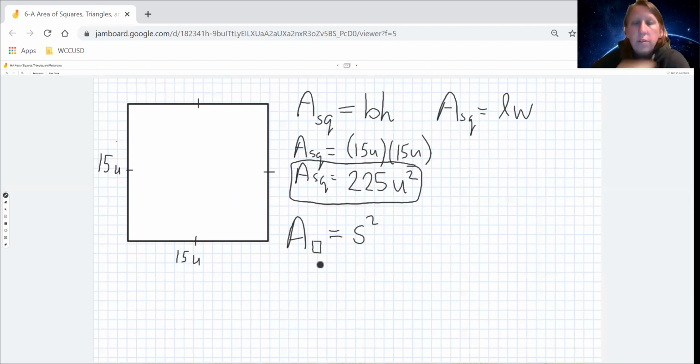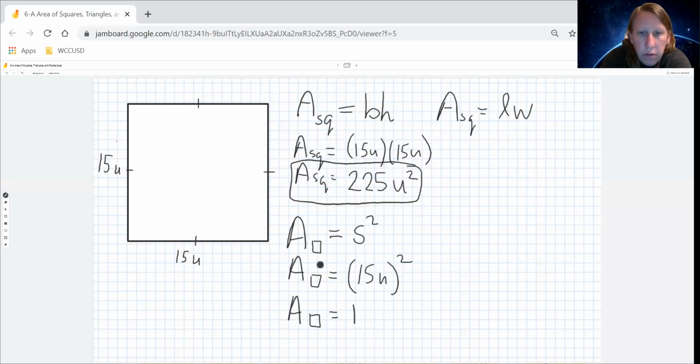The other way you could do this problem is you could do the area of the square is, notice how I'm using parentheses when I substitute. That's the correct way. And then for this one, you could do 15 squared and units squared. This is one way to show work on this. 15 times 15, that's what 15 squared is, 225 units squared.